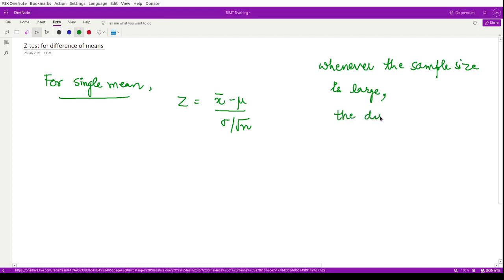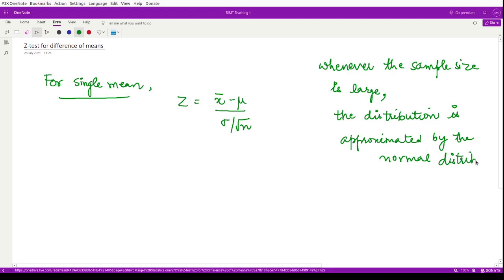the distribution is approximated by the normal distribution. So whenever the sample size is large, we may approximate the distribution by the normal distribution, which is also known as the Gaussian distribution.